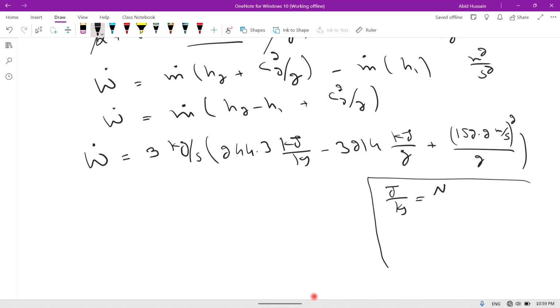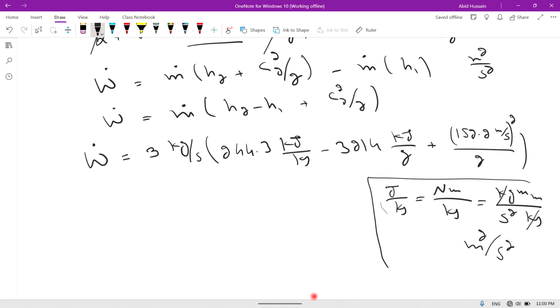Joule is equal to Newton meter per kilogram. Newton is equal to kilogram meter per second square, and this meter, and this is kilogram. This kilogram will be cancelled with kilogram, so this is meter square per second square. So therefore we can write meter square per second square is joule per kg, because both are the same.